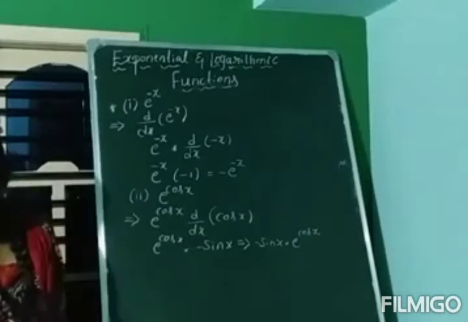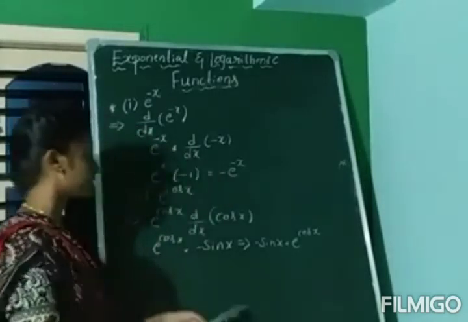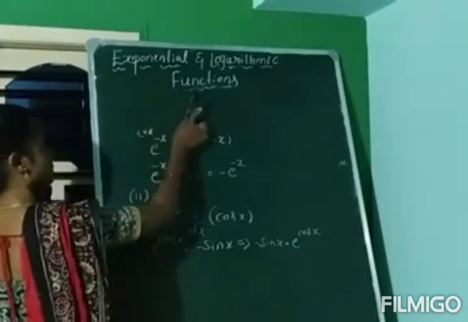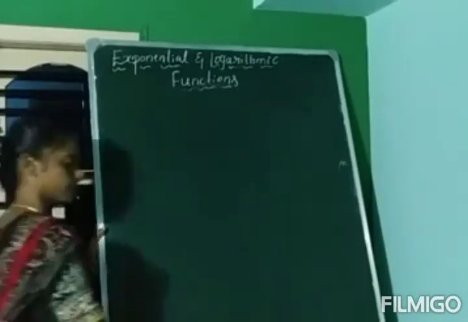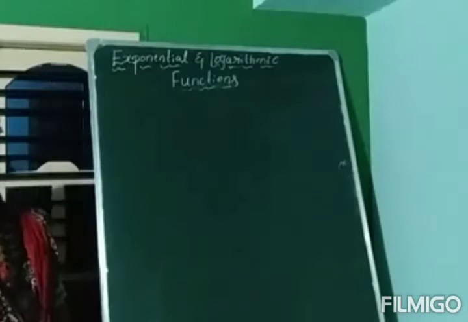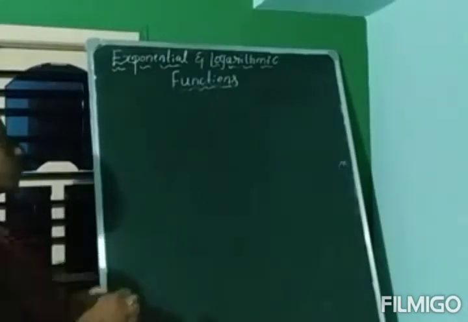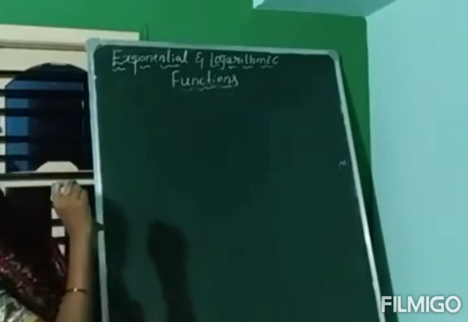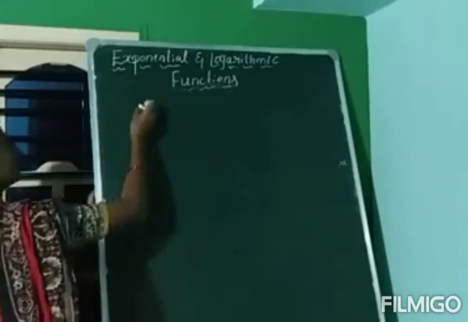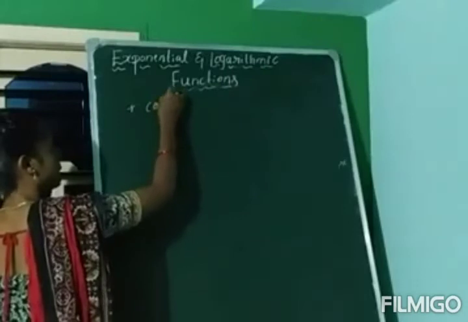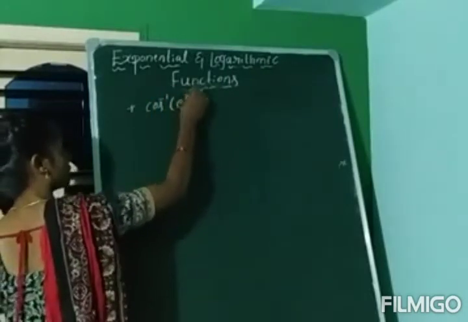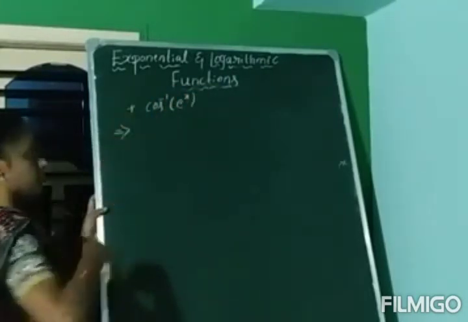Next is cos inverse of e power x. Find the derivative of cos inverse of e power x. Don't mess up the thing.